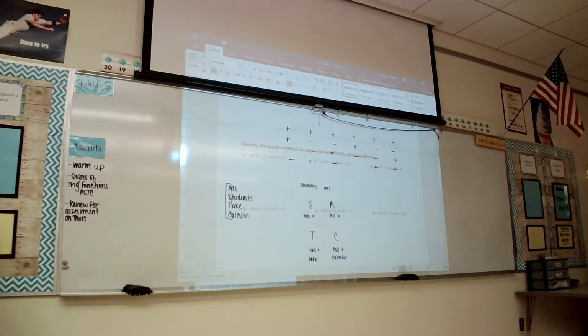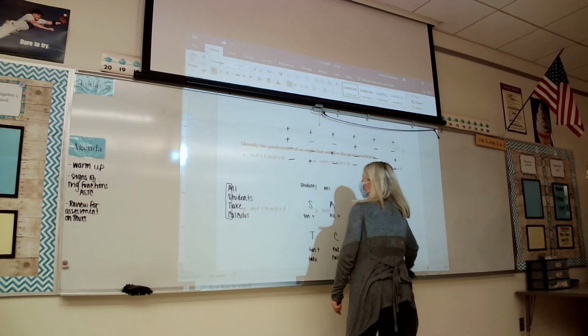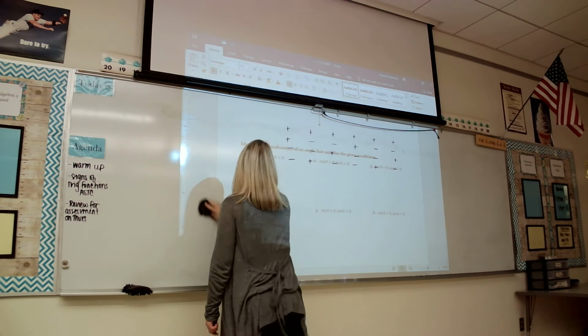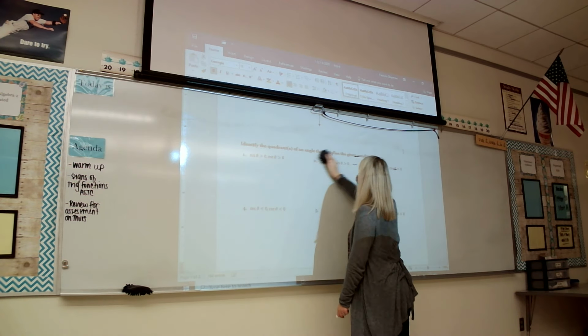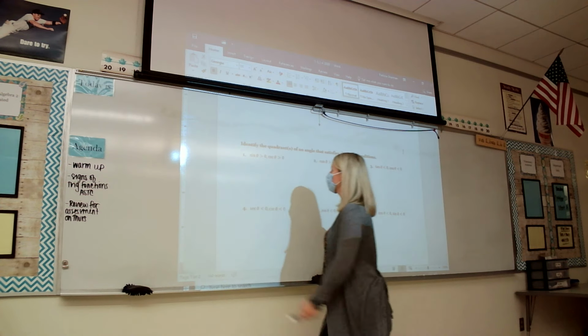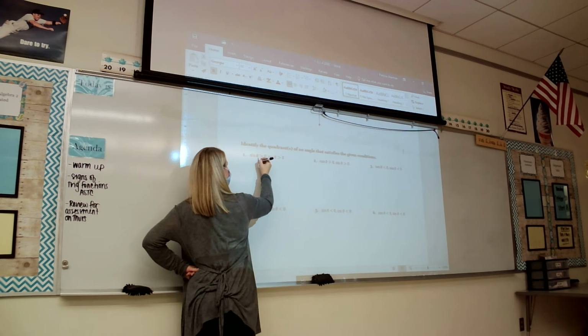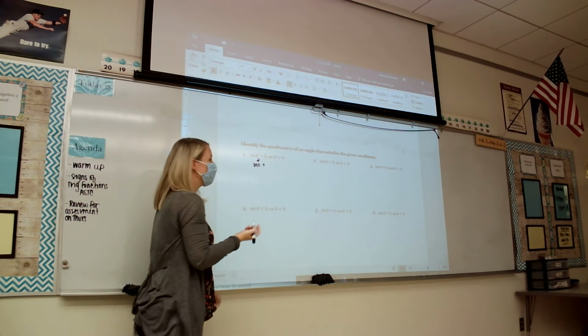It's really just thinking about what quadrant you're in, and then saying if things are positive or negative. So on the bottom, this is saying sine is positive, because it's saying greater than 0 is positive.